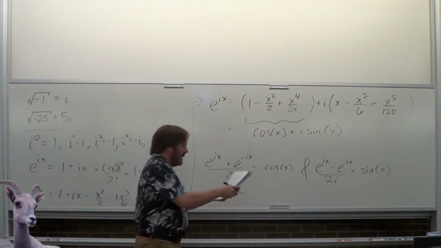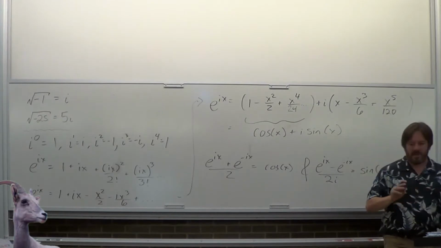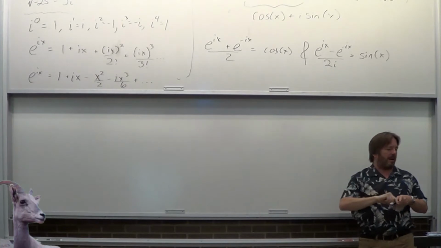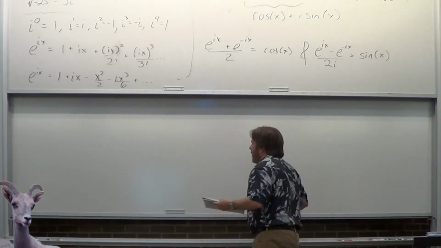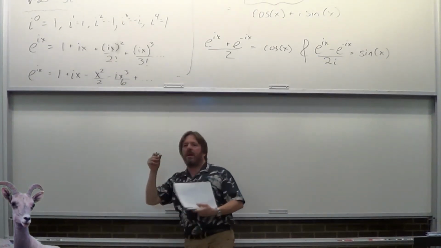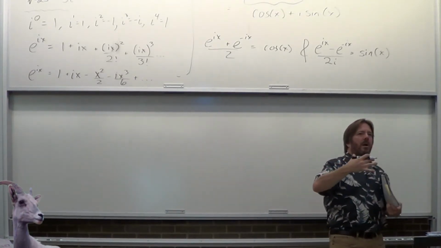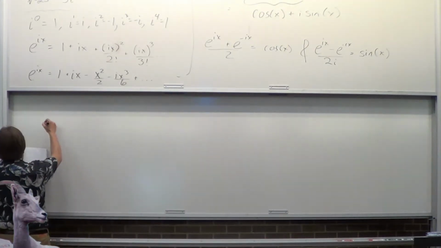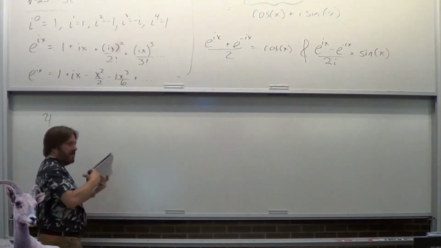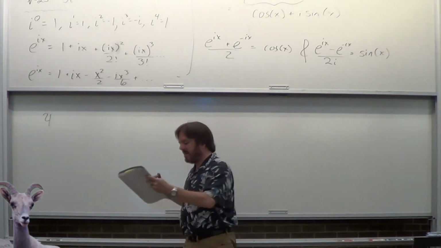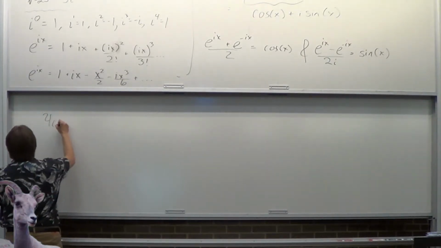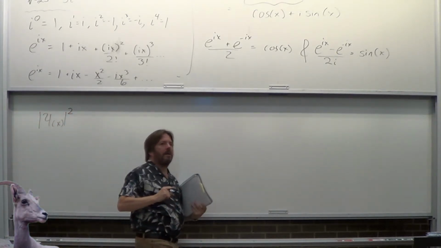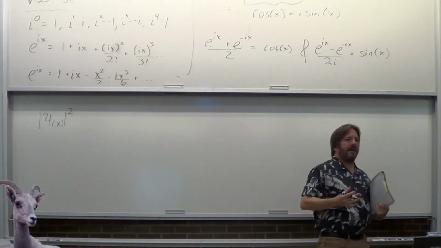Let me give you an early example of why this is incredibly useful. Here's something of imaginary algebra, imaginary calculus that you may not have seen before. If you have a function, let's just call it a wave function, and it's imaginary, I've already told you that the absolute value squared is the probability density.